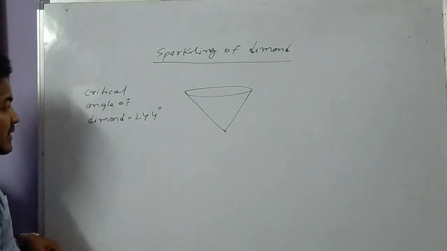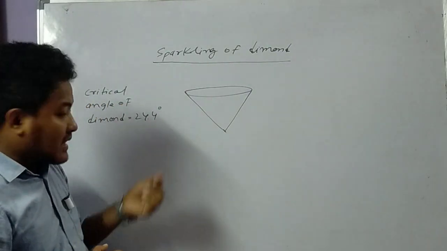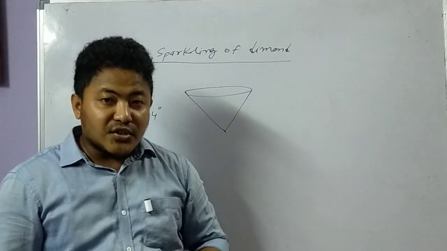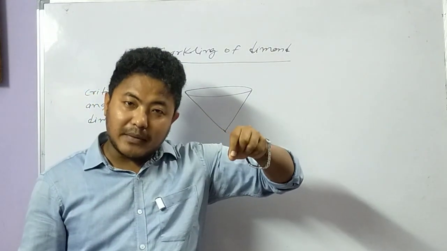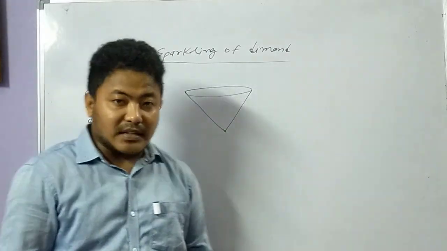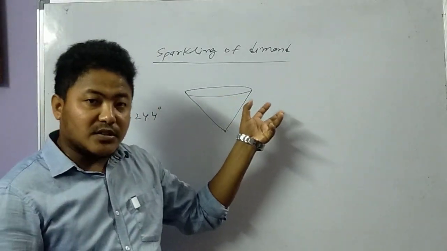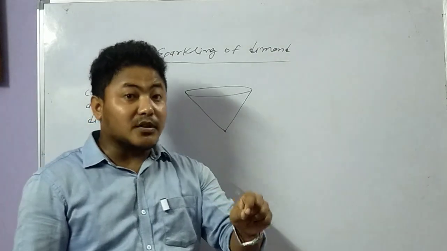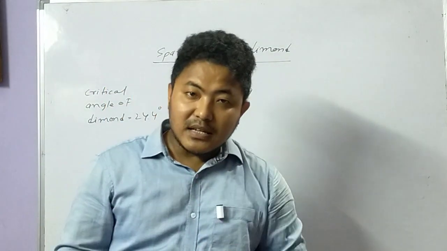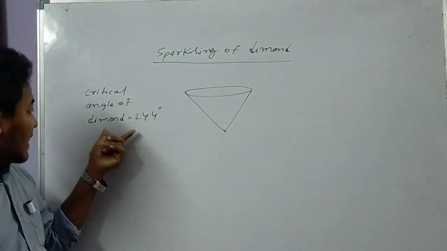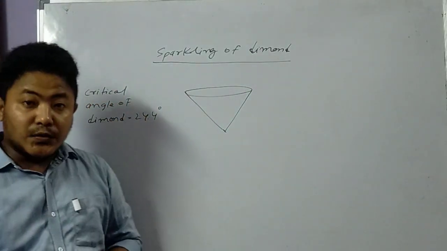Since the critical angle is very less, the angle of incidence becomes greater than it at any time. That is how total internal reflection takes place so many times. Multiple total internal reflections take place inside the diamond, because the critical angle is very small.